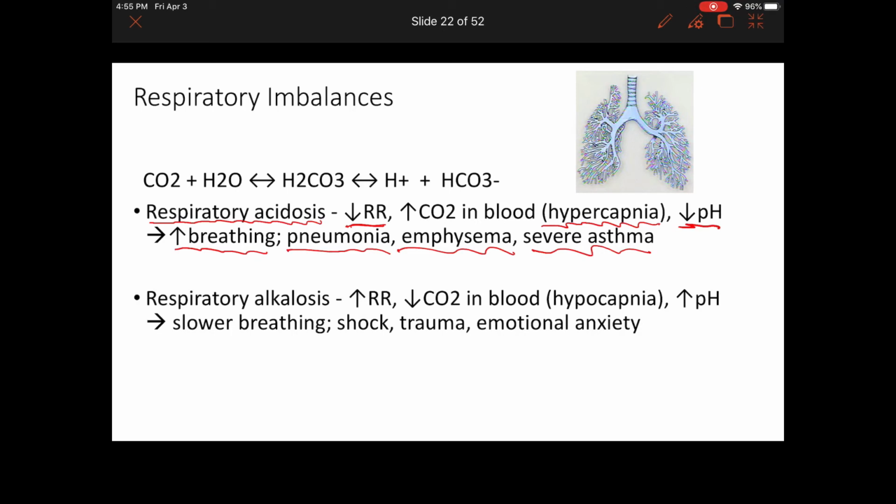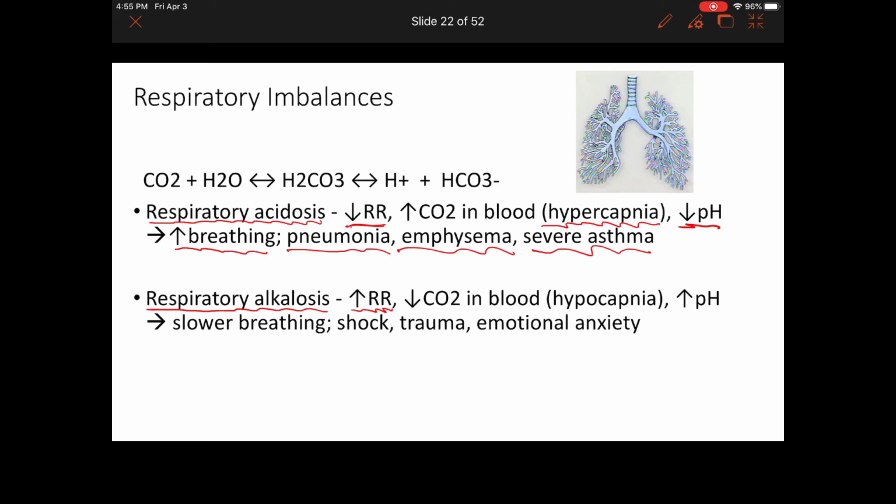The converse, or the opposite of respiratory acidosis, is respiratory alkalosis. In this situation, you have an increase in respiratory rate that's causing CO2 to leave the body faster.